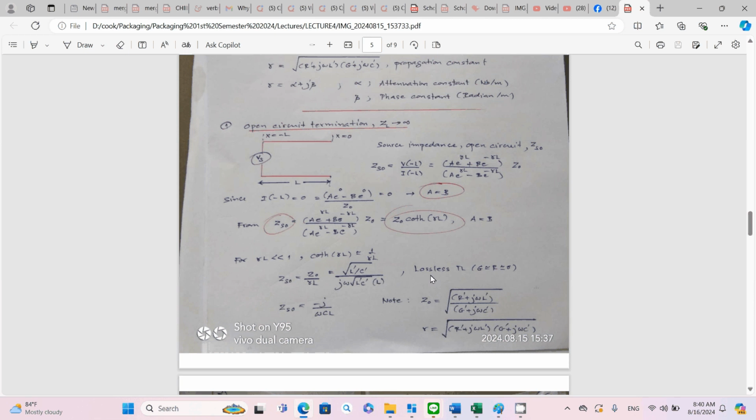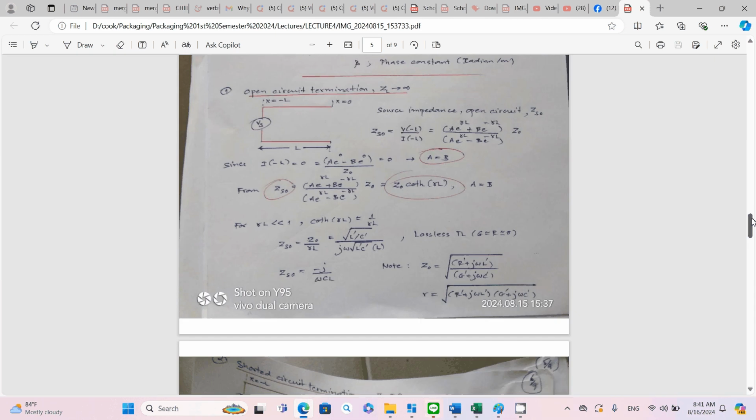And I make a note here for a lossless transmission line, G is approximately 0, same as R. So you work this out, you end up with Z is 0 equal to negative J over omega CL. Alright, we're going to use this term later on. That's for open circuit termination.